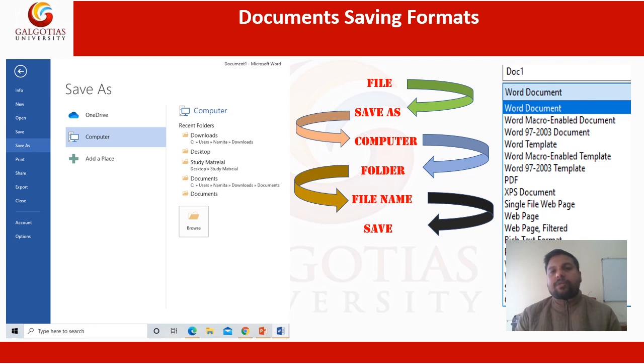The doc format is what we used in Word 1997 to 2003, the extension called doc. But nowadays we use the extension called docx. So now this file we use docx.